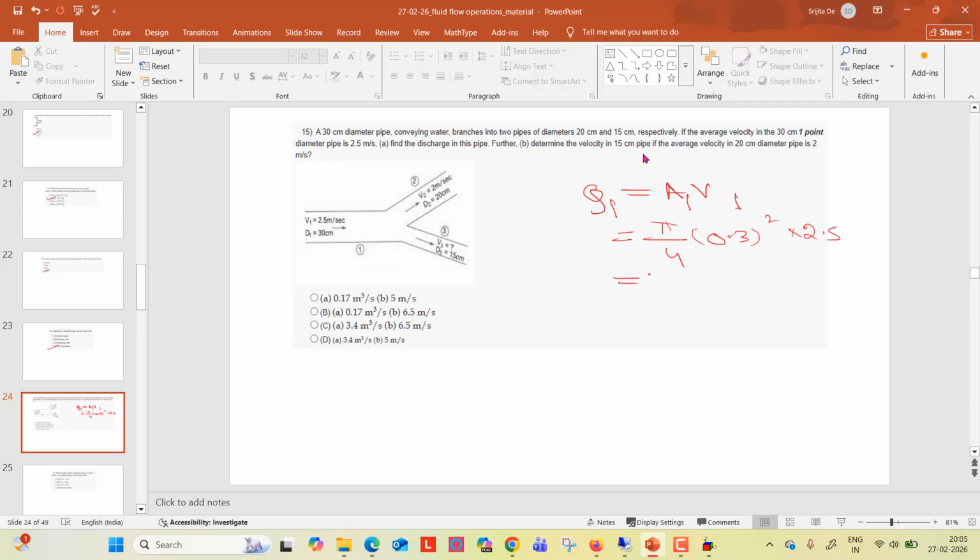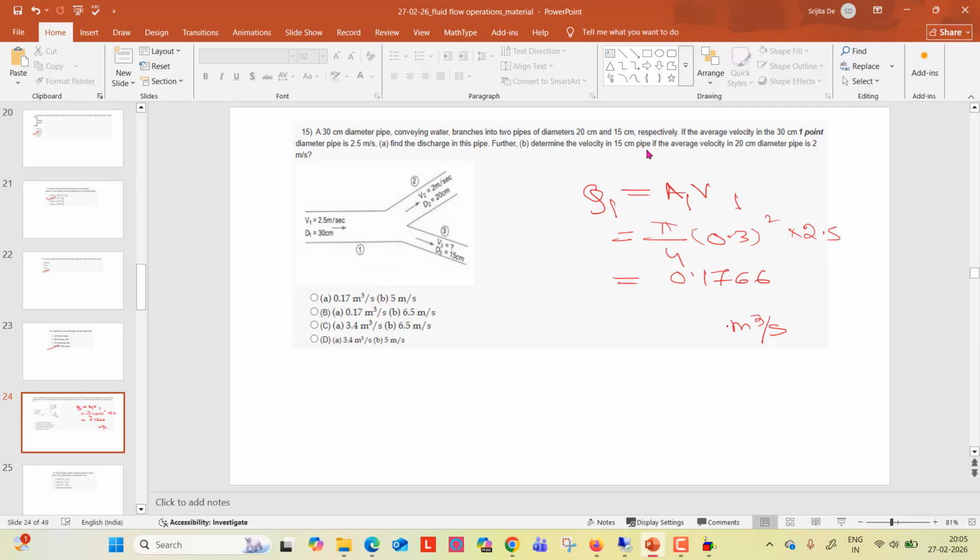It is coming as 0.1766 meter cube per second.